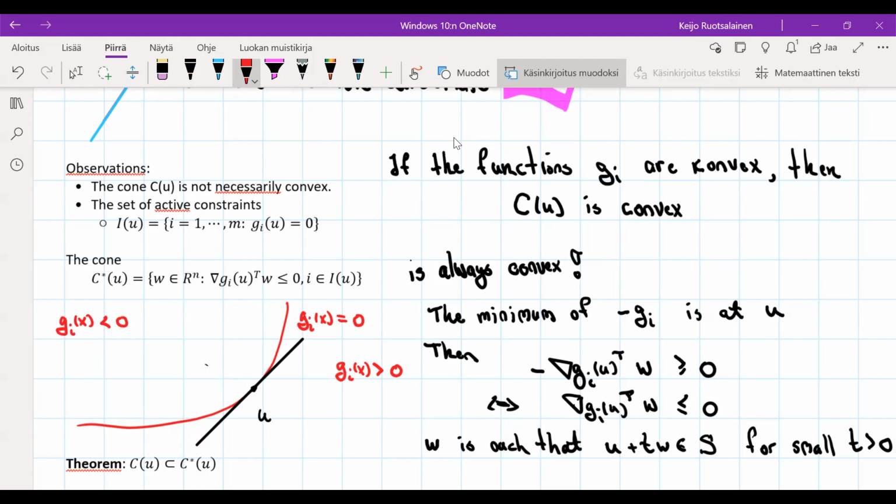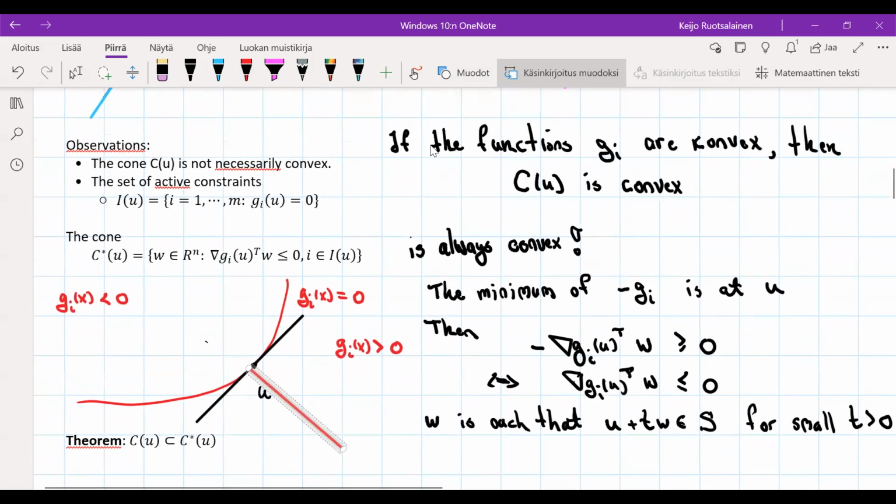So the gradient of the function at point u, which is on the boundary, is pointing here.